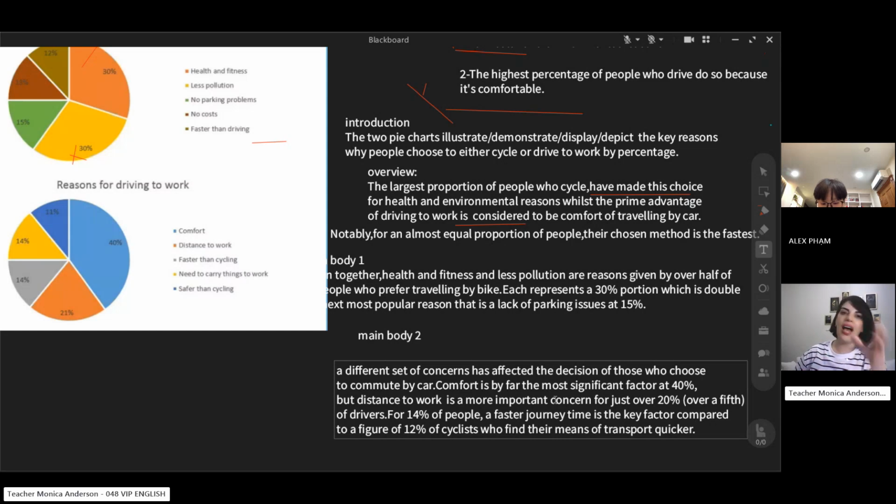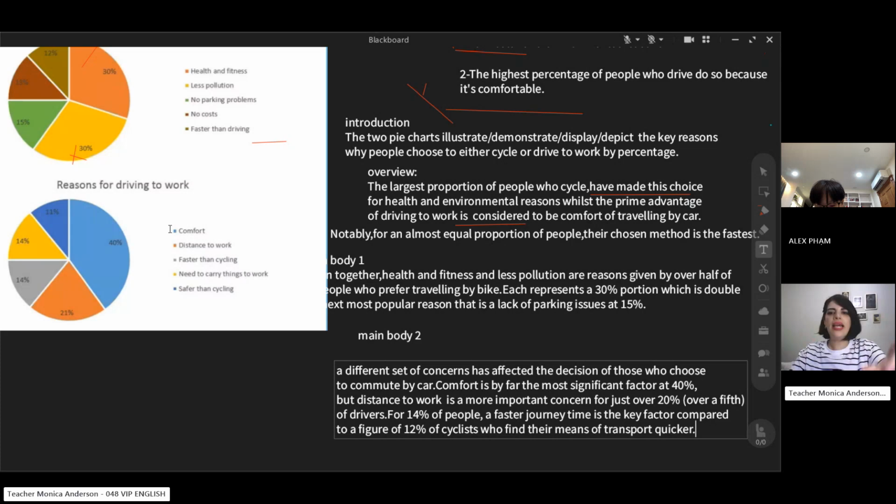That is, maybe I can say, more challenging than the first one. Of course, task one is really easy. You know why? You have some visuals, and you can see the facts. You don't express your opinion.